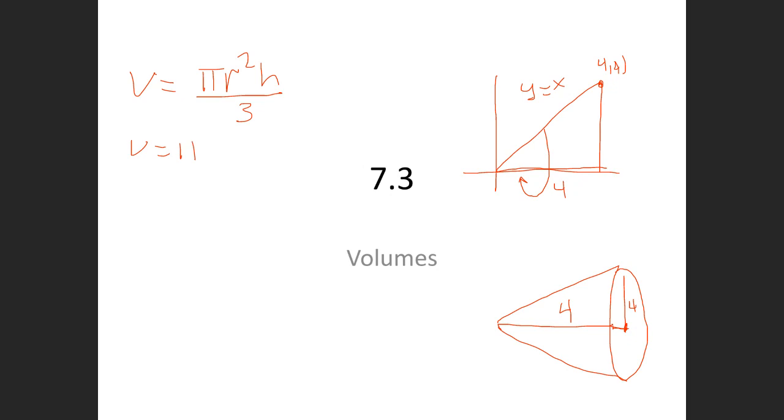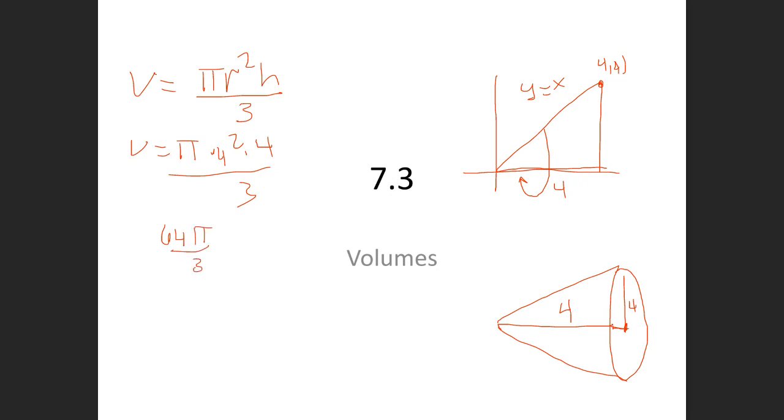Volume is equal to pi times 4 squared times height, which is 4, divided by 3. So that is going to be 16 times 4, which is 64, divided by 3. So my answer would be 64 pi divided by 3.